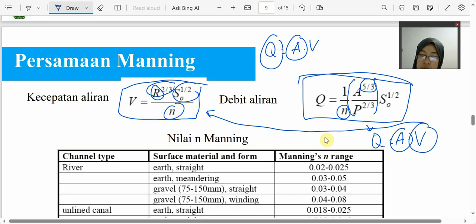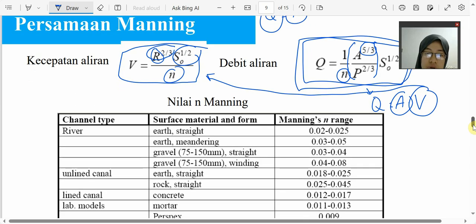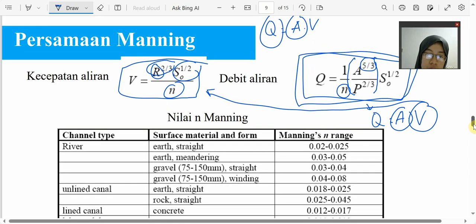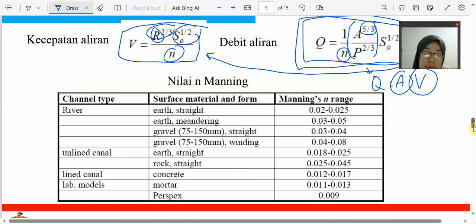So we ended up with these equations for Q. Okay, so maybe some of you want to know how the Manning number n is determined. Yeah, it depends on the channel type.